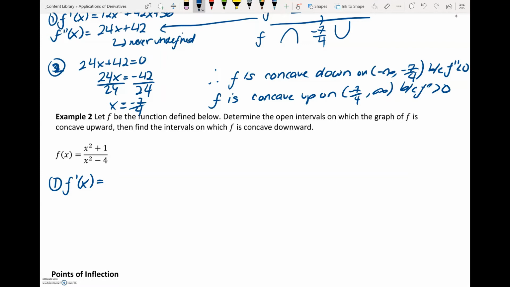So if you take the derivative of the numerator, this is going to be 2x, then you leave the denominator alone, minus, leave the numerator alone, and then take the derivative of the denominator, all over the denominator squared. Before we continue, we should probably simplify this. So I'm going to factor out the 2x.